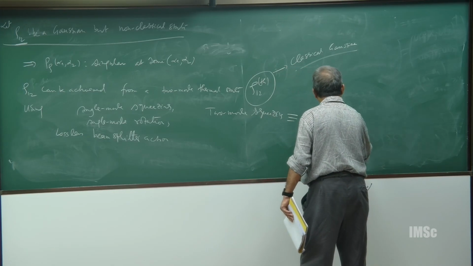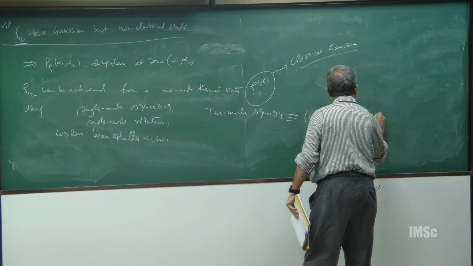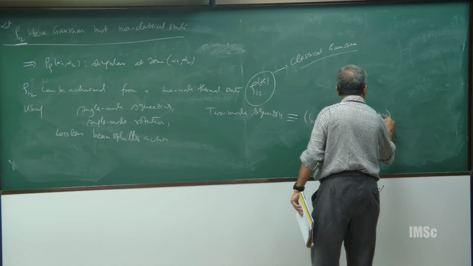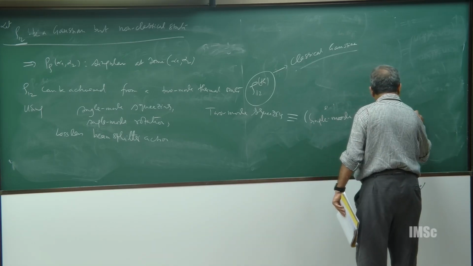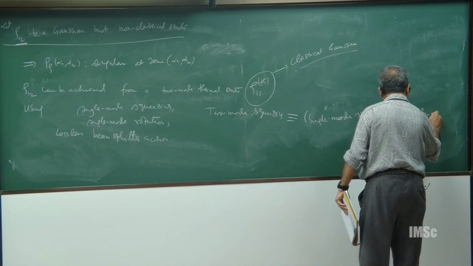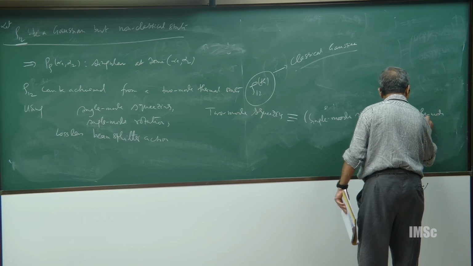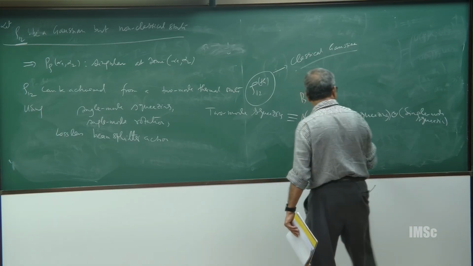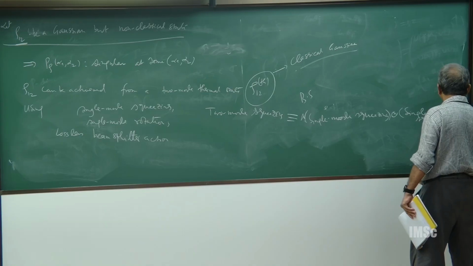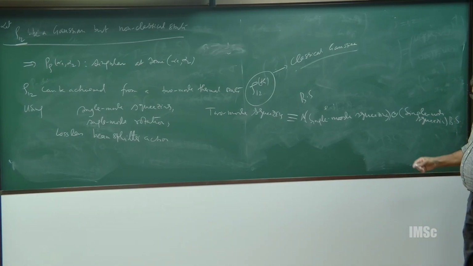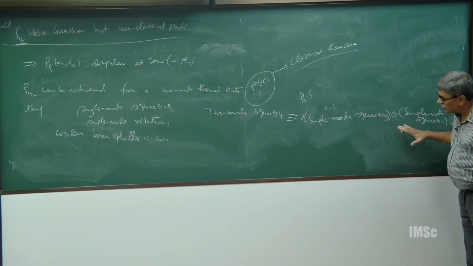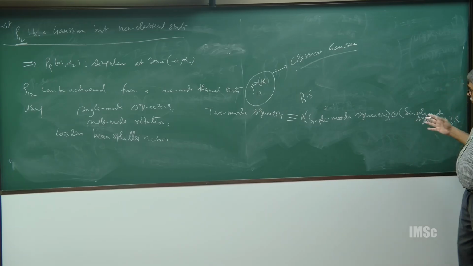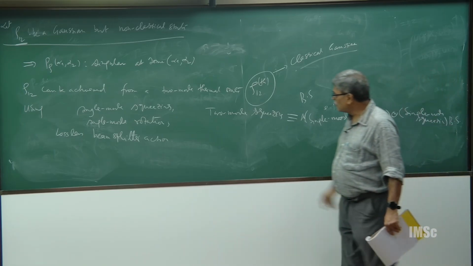Single mode squeezing, tensor product single mode squeezing, and here you apply beam splitter, here you apply beam splitter. So, 2 single mode squeezings preceded and followed by beam splitter action will give you 2 mode squeezing.